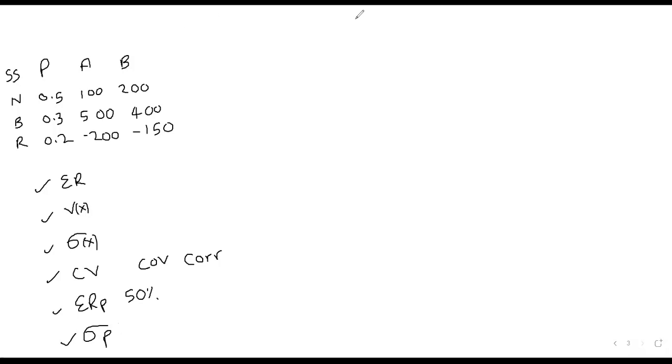So we'll start with asset A. The way I'll do asset A is the way I want you to do asset B. So how do we find the parameters that have been asked? Okay, let me do this. Maybe I can do all of them together.